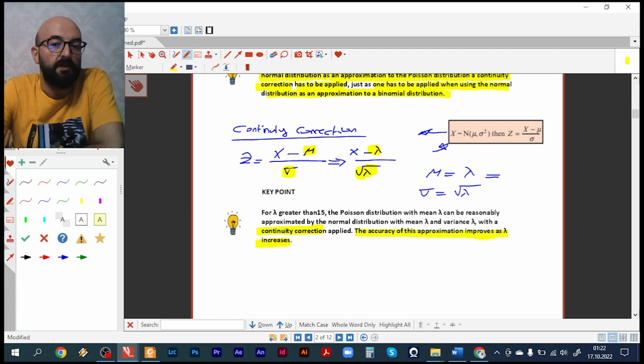So when you want the standard deviation, you can compute the square root of lambda.